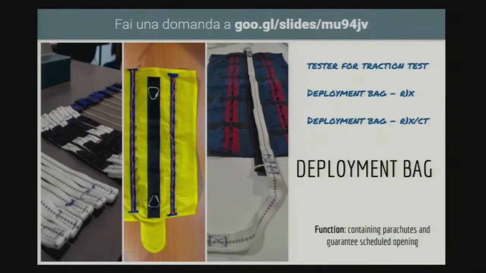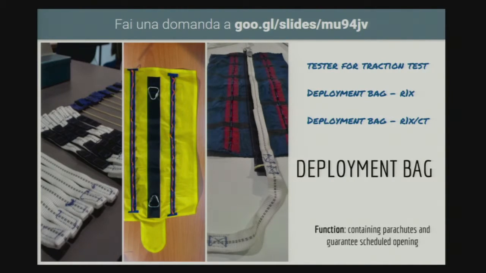And this is the deployment bag where the main parachute is located. Usually, you can see the yellow one is made of nylon, the same material as the parachute, and the right one is made of polyester, a material which we use every day in our life.